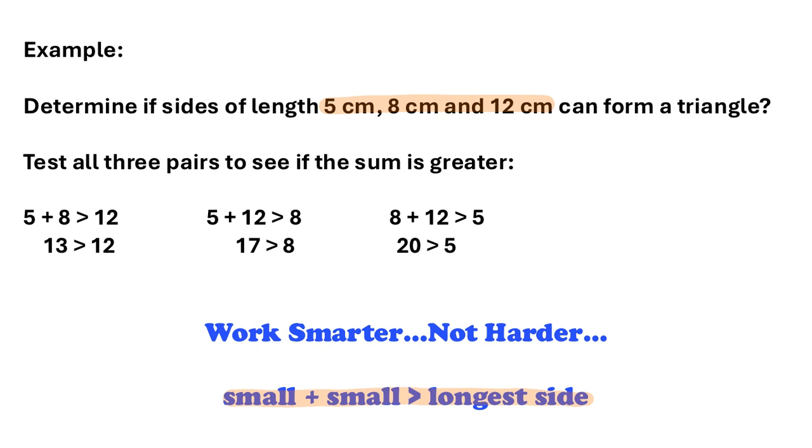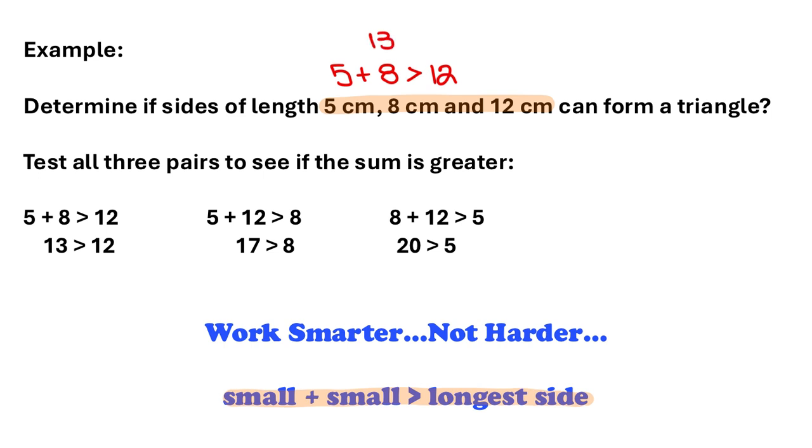5, 8, and 12. What are the 2 small sides there? 5 and 8. So we're going to add together the 2 small sides. And we want to know if it is larger than the longest side that we were given. Daniel, what's 5 plus 8? 13.